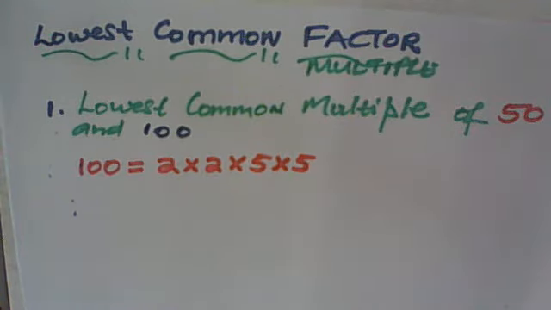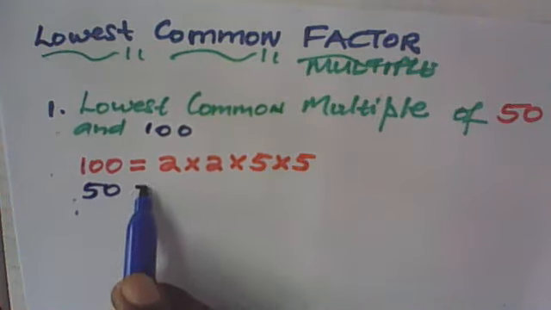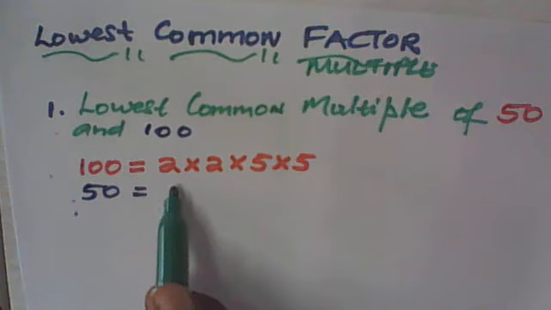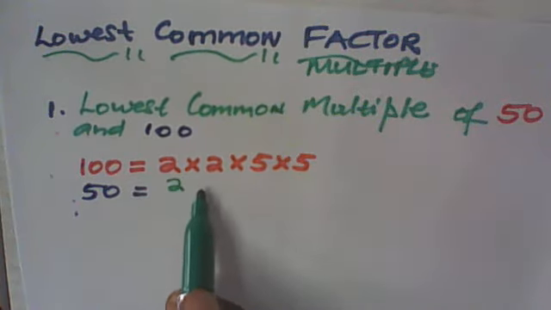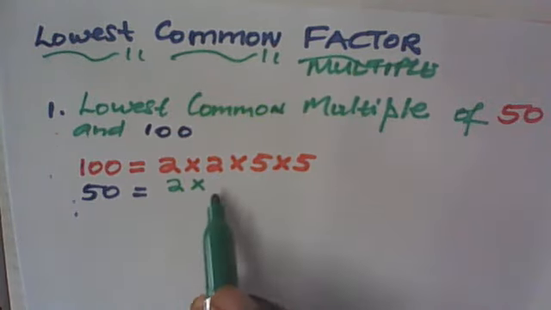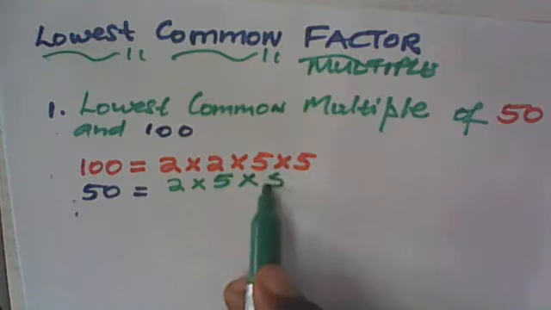And then for 50, this is what you'll get. You get 2 times 5 times 5.